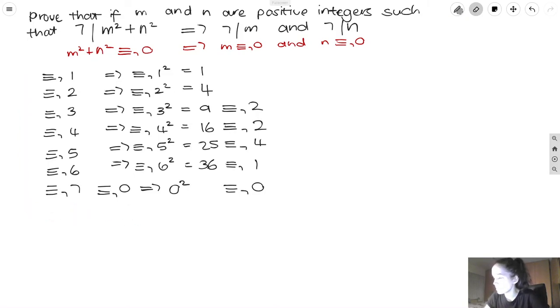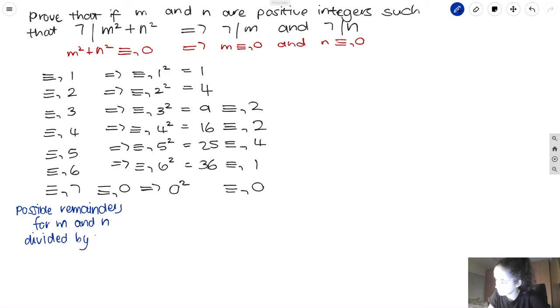And so what we mean by all of this is that this is the possible remainders for m and n divided by 7. And here we have these last few numbers, 1, 4, 2, 2, 4, 1, 0.